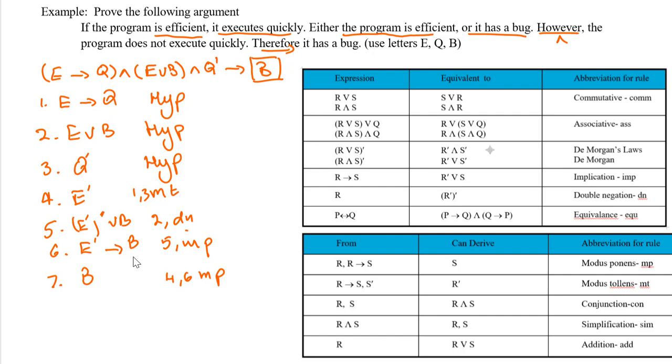And this is how we prove that this argument is true. Based on this given statement, we know this program has a bug. I hope this is helpful.